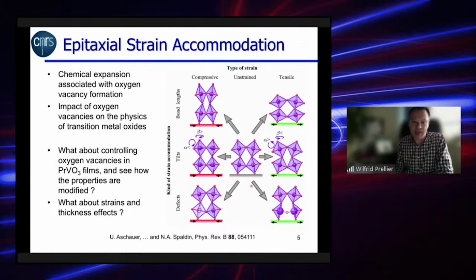The idea of this work is specifically to understand and to see if we can control the oxygen vacancies in praseodymium vanadate thin film and see how you can modify the properties. And also, how does it affect the strain and thickness effect?